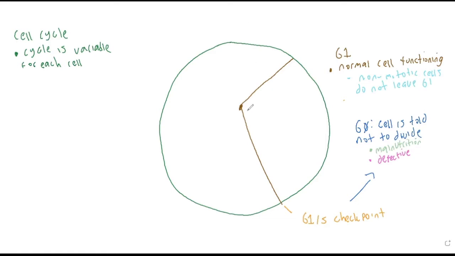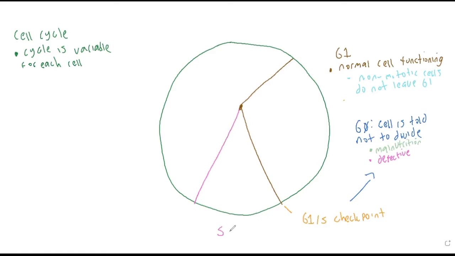Assuming the cell passes the G1S checkpoint, it's going to go into the next stage called S or synthesis. So once a cell passes the G1S checkpoint, it has to divide. If it doesn't divide, if something goes wrong and it can't divide anymore or prepare for division, then the cell will be destroyed. So once it passes the G1S checkpoint, it is going to have to go through mitosis or be destroyed.